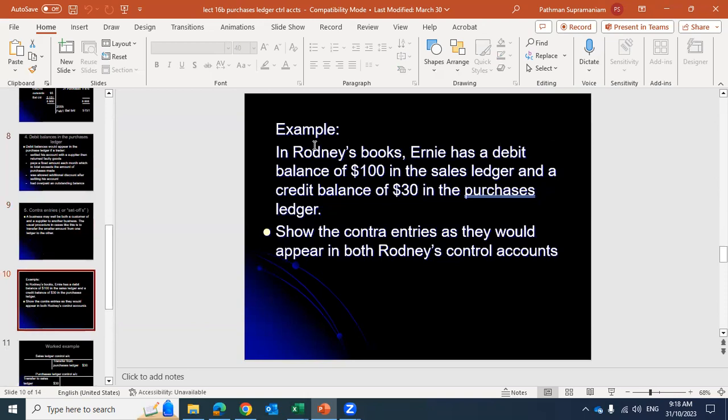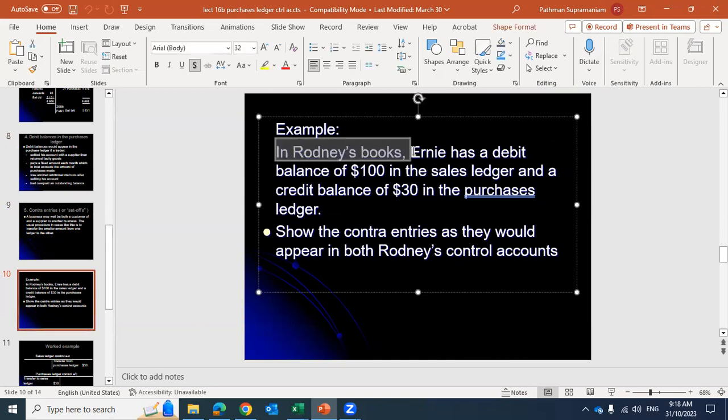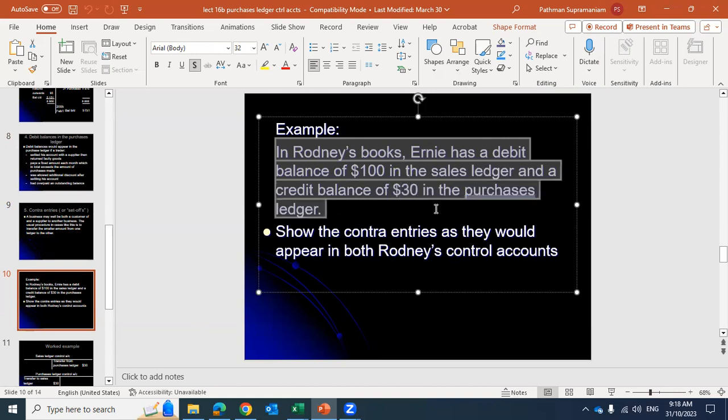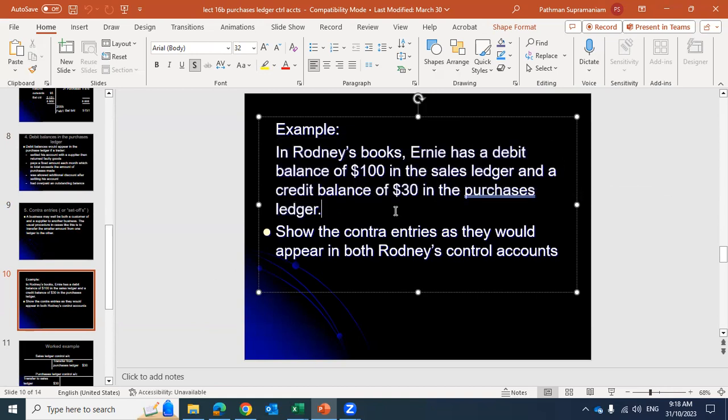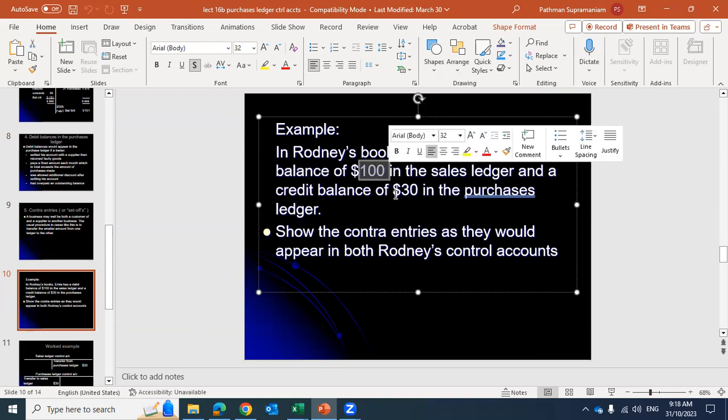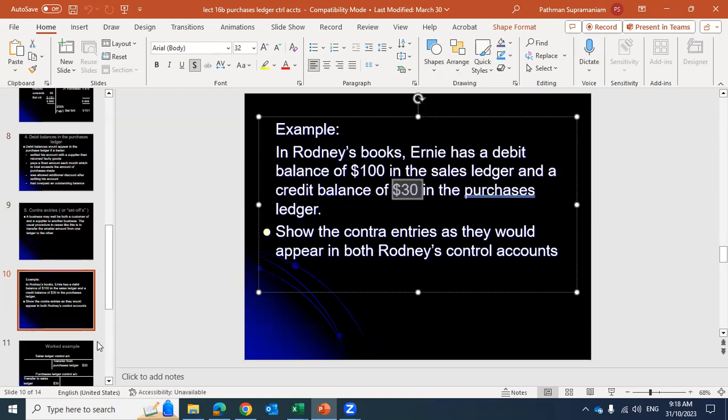This is the same example I used in the previous lecture on sales ledger control. In Rodney's books, Ernie has a debit balance of 100 in the sales ledger and a credit balance of 300 in the purchases ledger. The lower between these figures is 100.